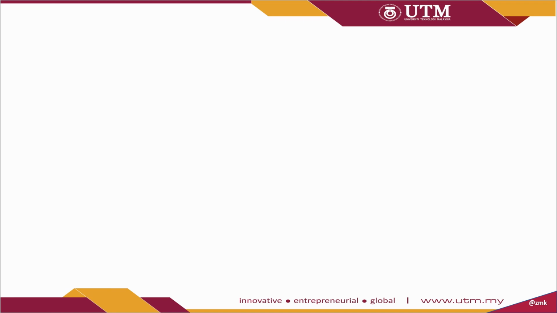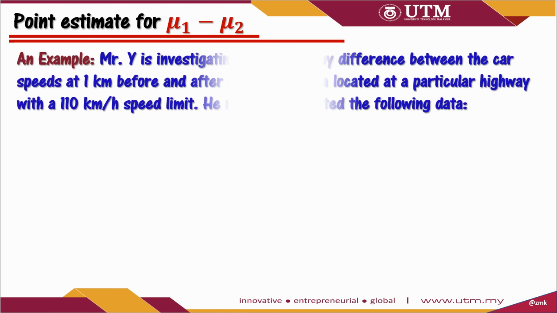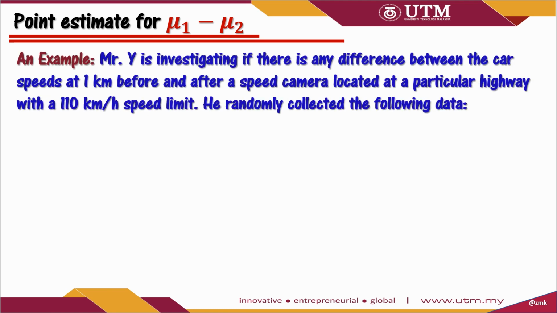Let us look at the following example on finding a point estimate for mu1 minus mu2. Here, we have Mr. Y who is investigating if there is any difference between the car speeds at 1 km before and after a speed camera located at a particular highway with a 110 km per hour speed limit.